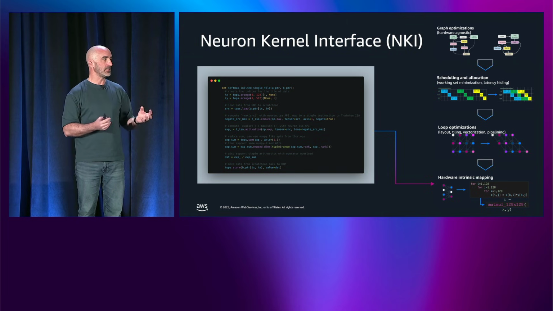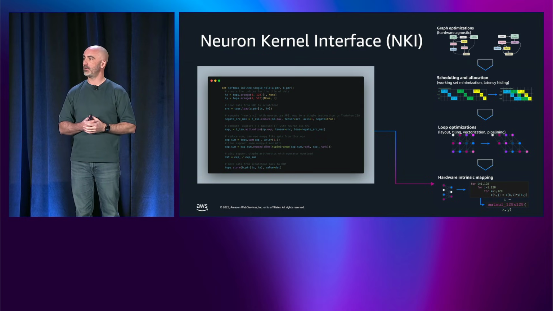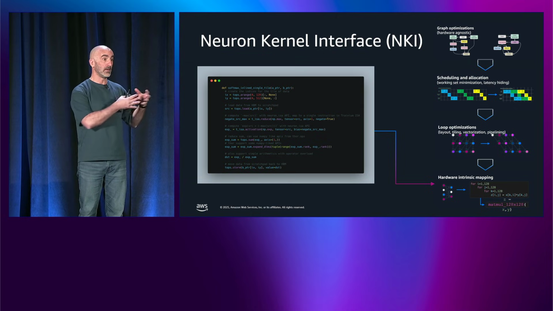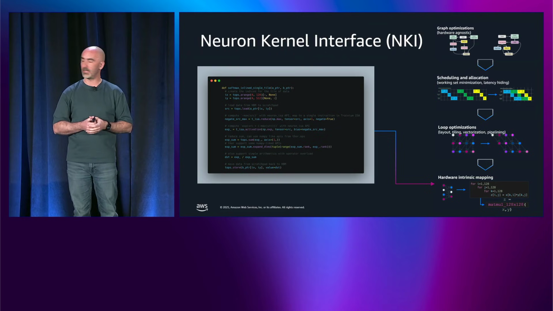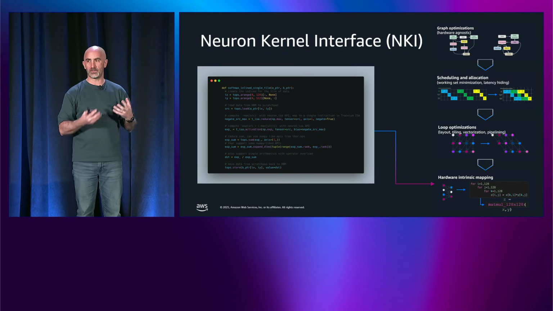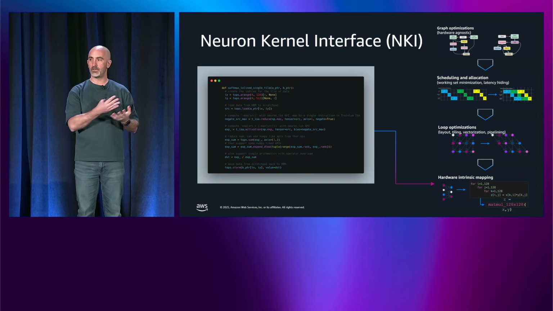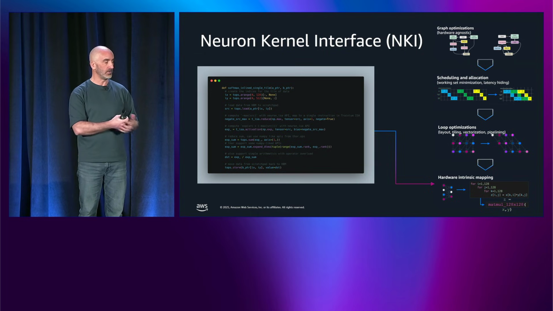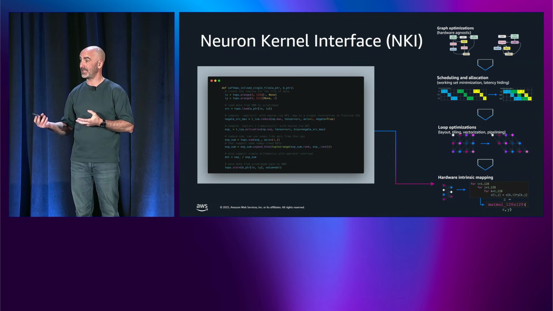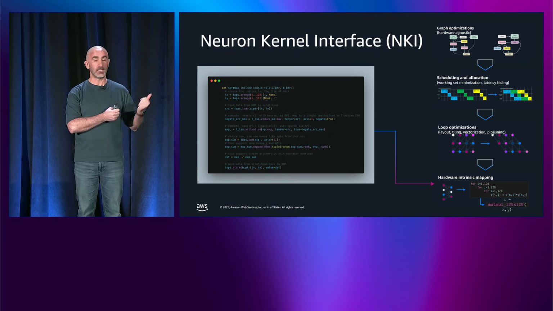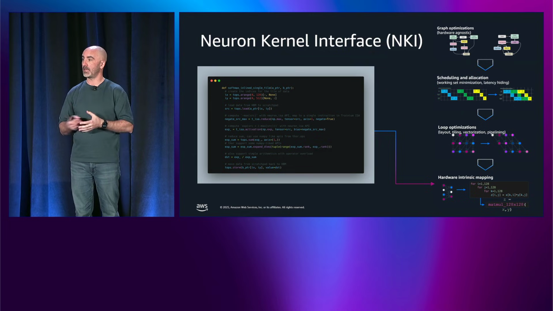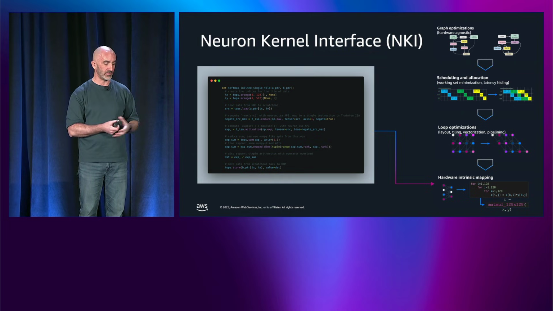We provide it as a Python DSL, and you can write low-level ISA commands, which are the machine instructions that your AI chip will execute. This gives you control over such things as your memory layout, how you do tiling, and how you do scheduling and allocation of your model. For example, Cameron mentioned Decart earlier. Decart used NKI to optimize their video-to-video model to get the best performance possible.